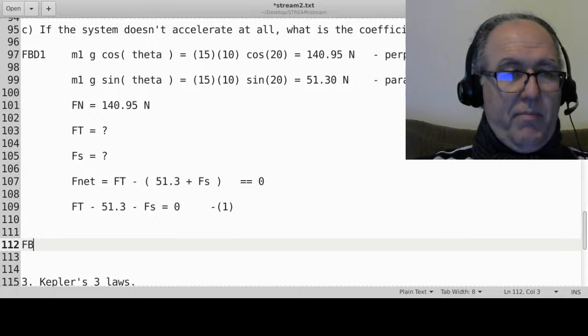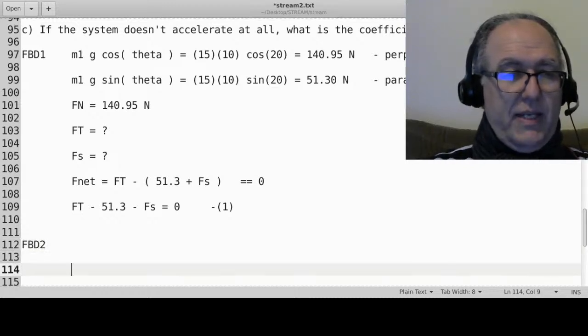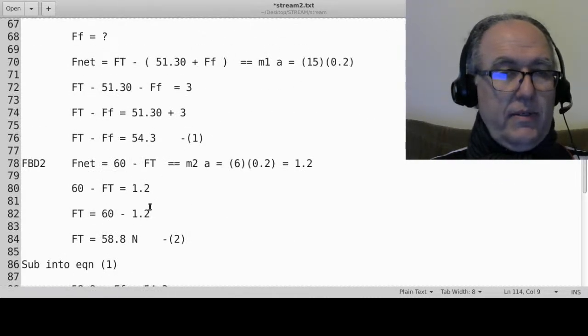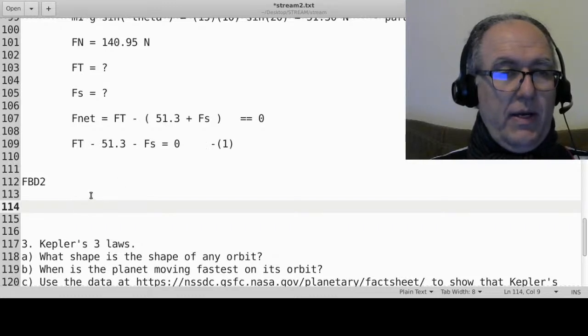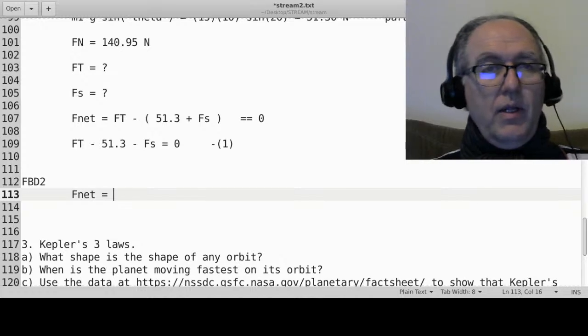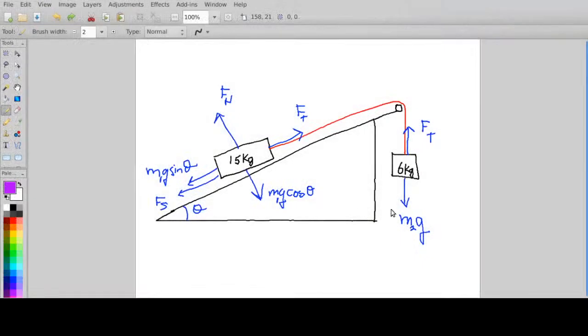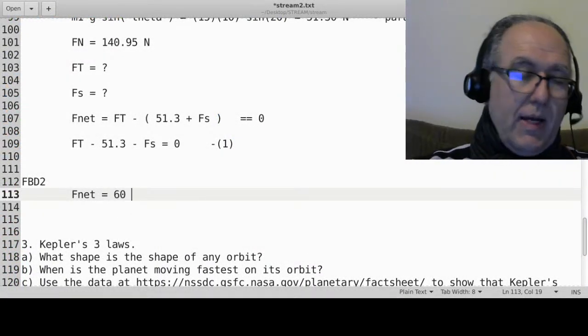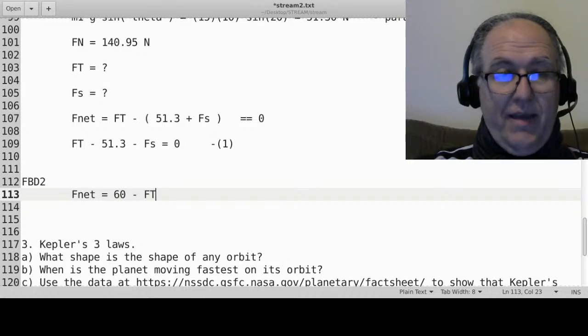Okay, so let's take a look at the free body diagram for number 2. All right, and we convinced ourselves that most of that didn't change as well. So let me just write it here. The net force, there's not much to write there. The net force is just going to equal, let's look at the diagram again to remind ourselves, the m2g, which was 60 newtons down, 6 times 10, so 60 newtons pulling down, minus the Ft up.